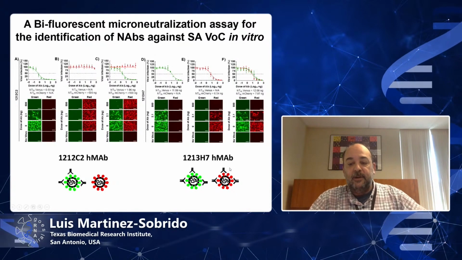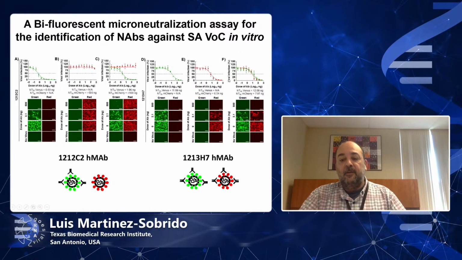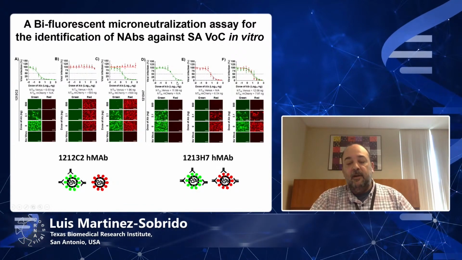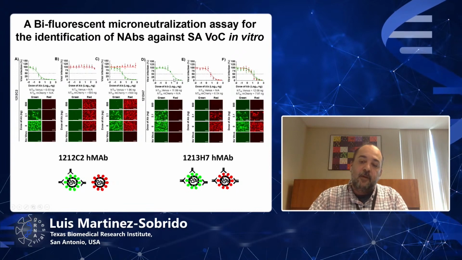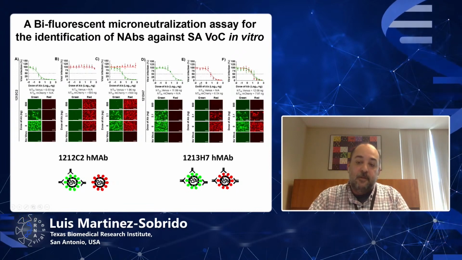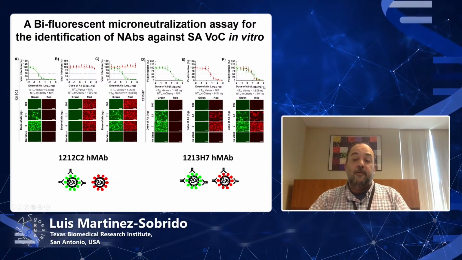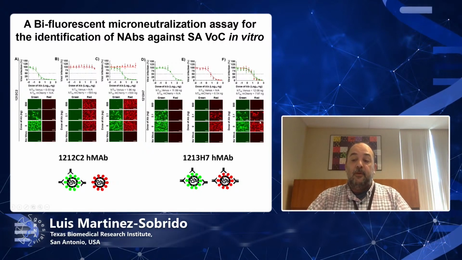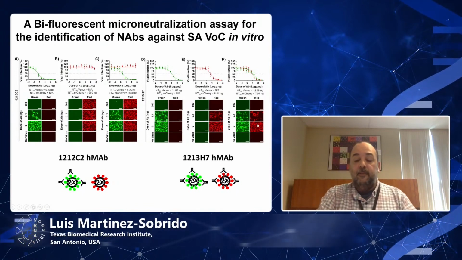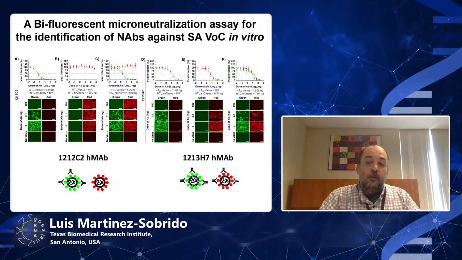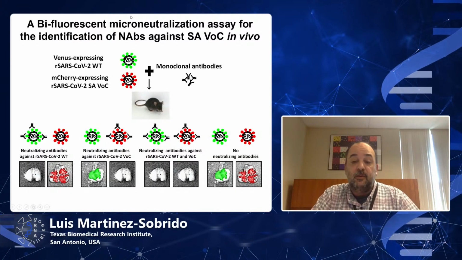While this 121387 monoclonal antibody is able to neutralize both, you can see here the original Washington as well as the variant of concern, South Africa, in cells individually infected with these two viruses separately, or when you co-infect cells with the Venus Washington and the mCherry South Africa. So that was great, but the question is, can we do this in vivo?